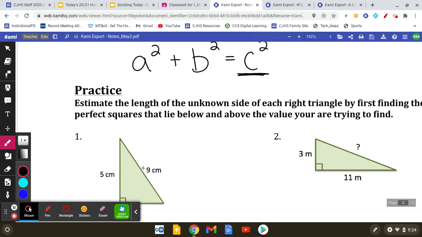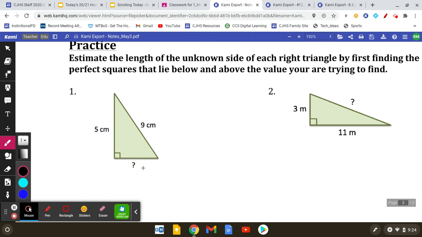We need to label each side length with A, B, and C. C is the only one that matters, and the one that is going to be our C is the one that is across from the 90-degree angle. So you see how it is pointing to the 9? This is our C. In problem number 2, what is our C? It'd be the missing one. This is our C. Good.